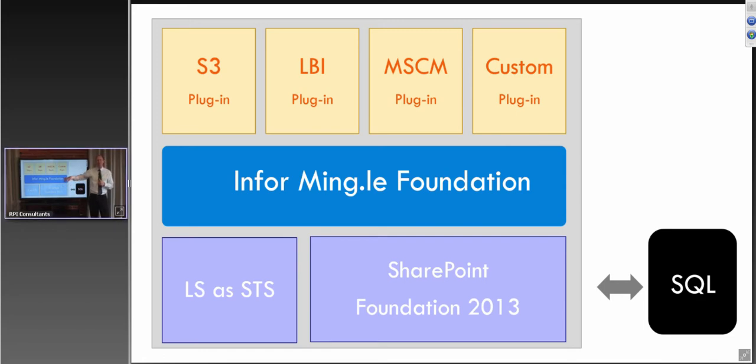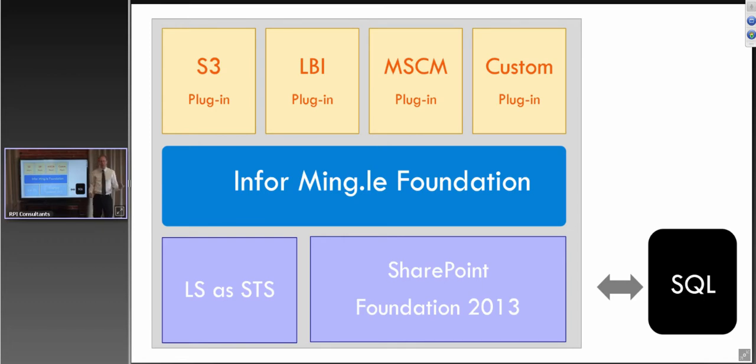I think that covered our bottom three squares here, right? We've got SharePoint, we've got Mingle, and now we've got our security token service. How do we make Mingle talk back to Lawson? That's where the plugins come in. There are various plugins that could be installed into Mingle, and what those plugins do is provide icons at the top of the Mingle screen for you to navigate into the various applications that make up your Lawson system.